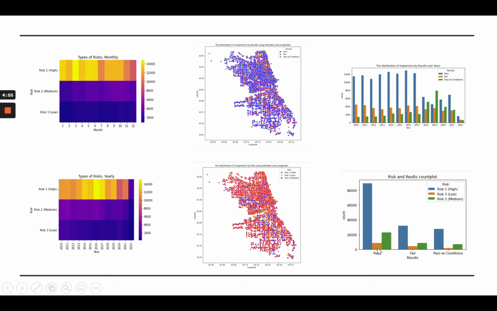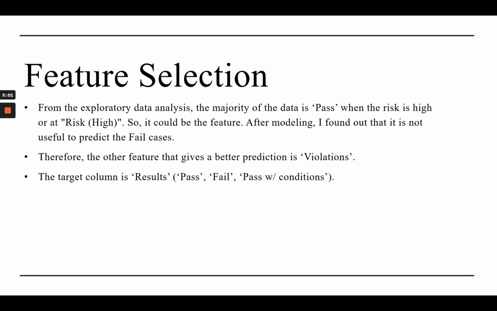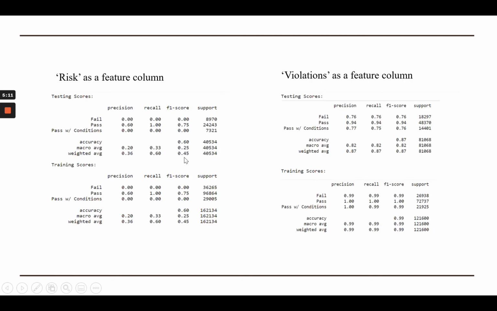Most of the pass percentage is from risk one, high, and this led me to select the feature column, which is risk. After modeling, you can see here the accuracy is 0.6 or 60%, but the thing is it does not predict any fail, so there is no precision or recall in the case of fail.